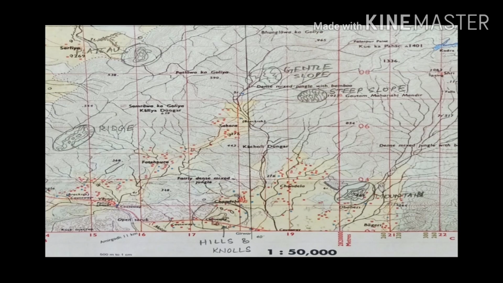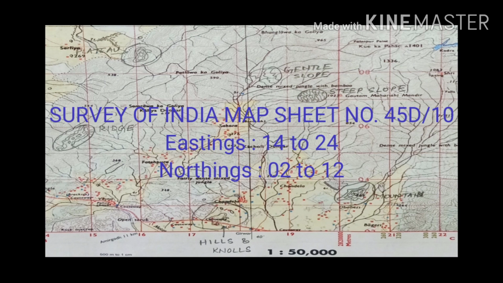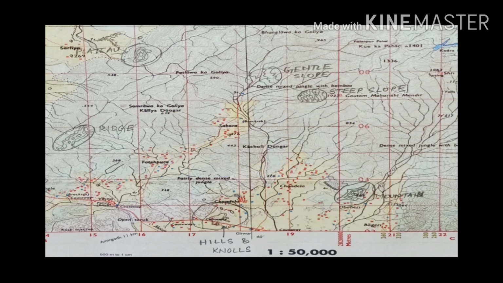Now students, here is an extract of Survey of India map sheet 45D by 10, and the eastings are from 14 to 24 and northings are from 2 to 12. With the help of this extract, I would like to show you certain physical features in this particular part.